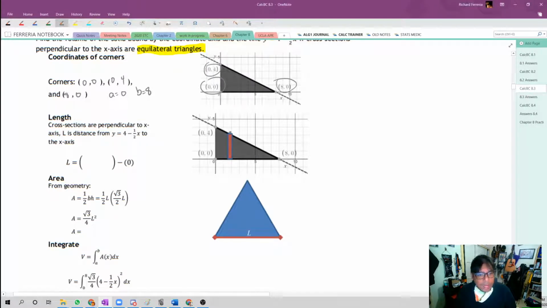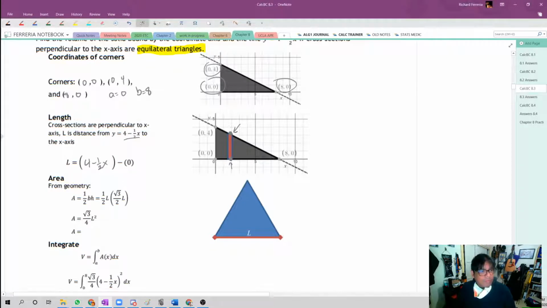So right here, any y coordinate here is going to be equal to 4 minus 1/2 x. Again, that should be a function. Now, the y coordinate down at the bottom here, that's always going to be 0. So that's why we have the 0 here. So that tells me that L is going to be 4 minus 1/2 x, period.